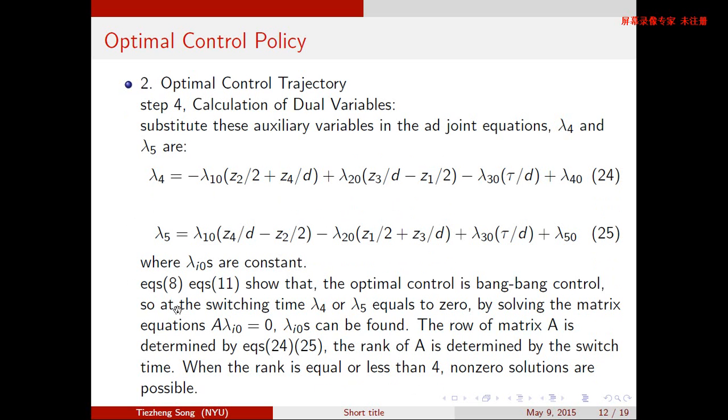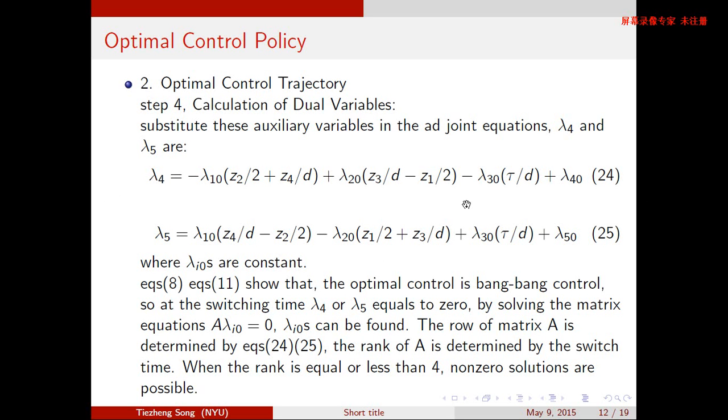Since from equations 8 to 11, we know that the optimal control for this problem is bang-bang control, which means that when the control of the right wheel switches at some time, in this case, the value of lambda 4 needs to be equal to 0, and this equation needs to be 0.